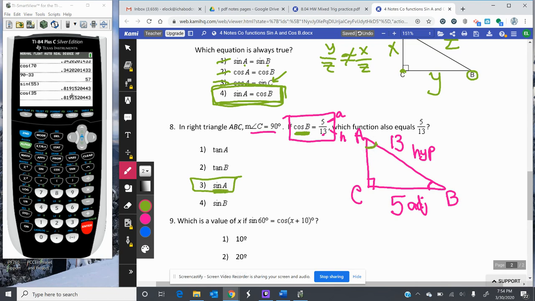That from angle A, it's not adjacent side, but its opposite side is 5. Sine from A has an opposite side of 5, and its hypotenuse is 13. So those fractions are equal when we focus on the opposite variable.